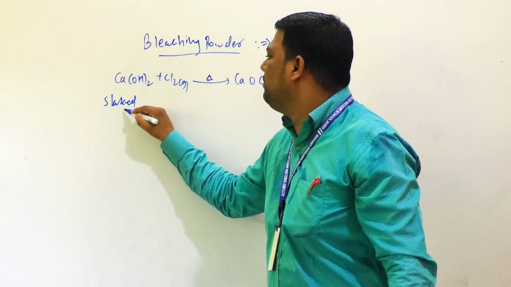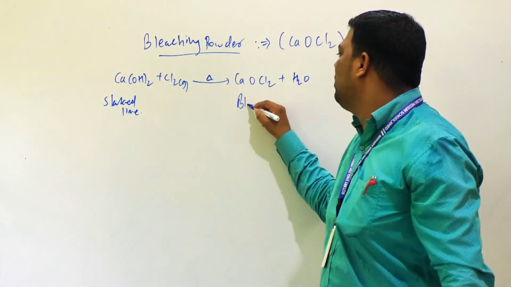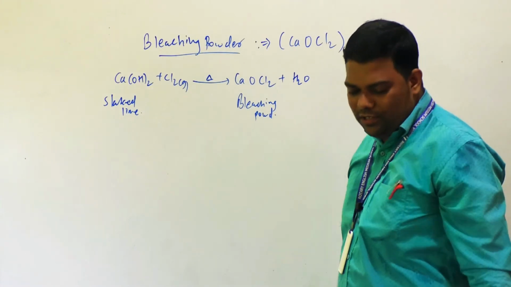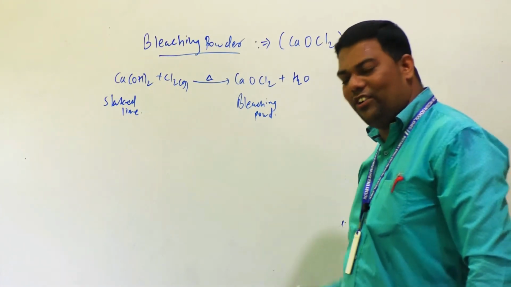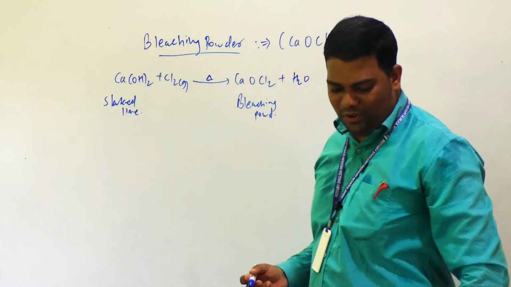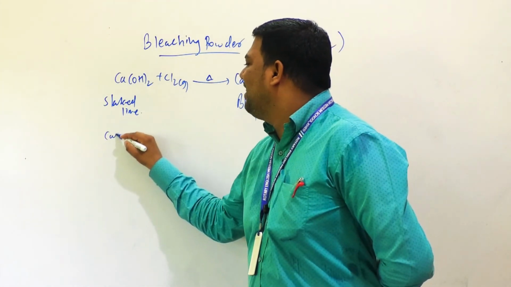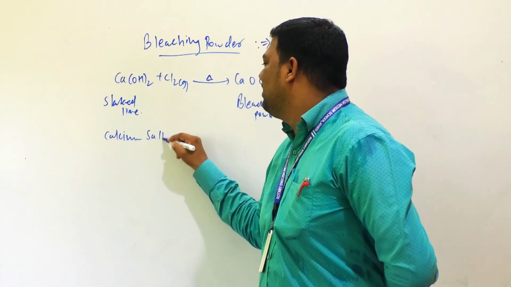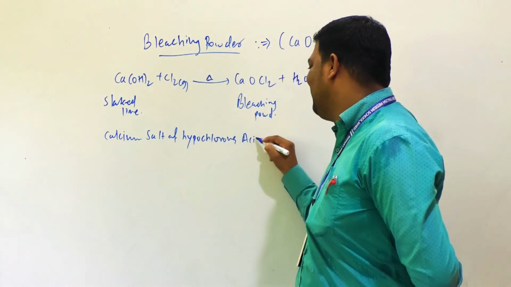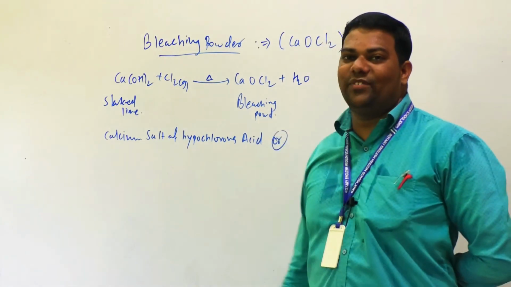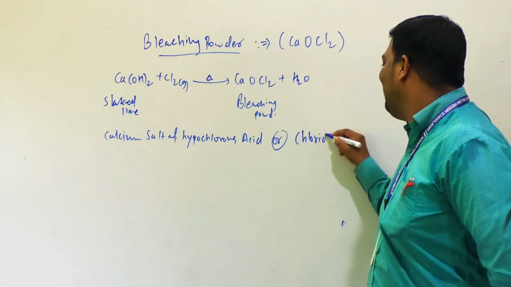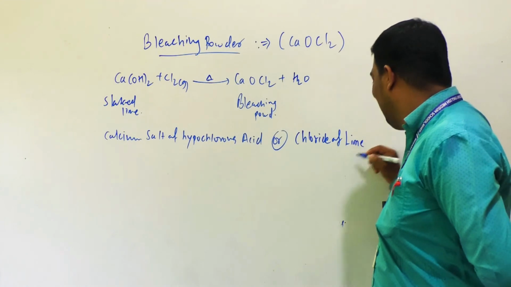So here we can write slaked lime and Cl2 giving bleaching powder. Okay, now this bleaching powder is also called calcium salt of hypochlorous acid, or we can also call it chloride of lime.